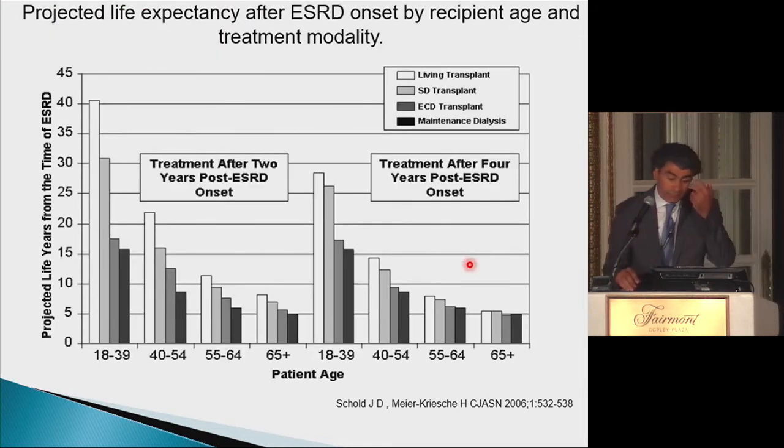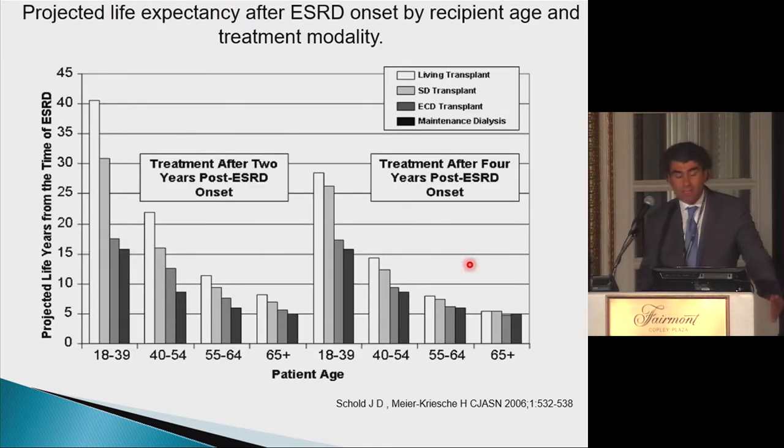And this is a very nice study by Meyer-Krish. By a sophisticated statistical analysis, they calculated the projected life expectancy for patients, whether they receive a lower quality kidney but come off dialysis sooner, or they stay longer on dialysis to get a better quality kidney. Look at the projected life expectancy for a young patient, 18 to 39 years old.